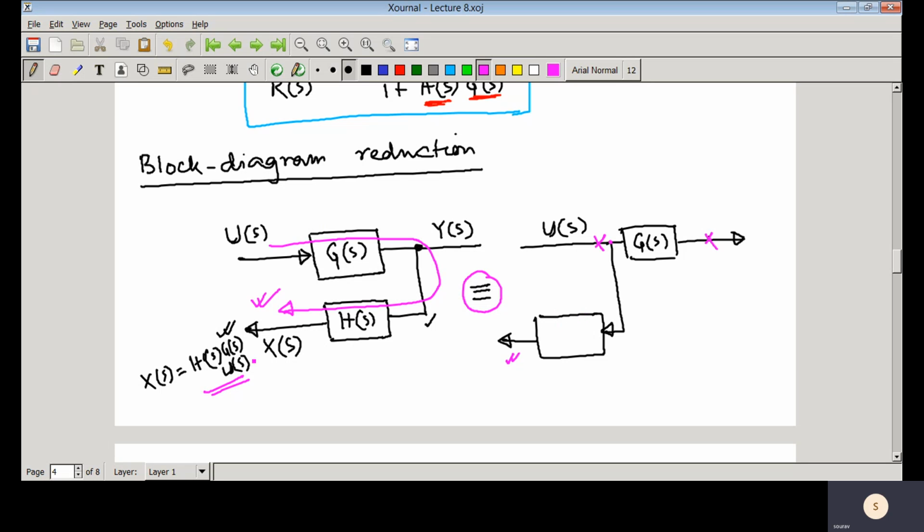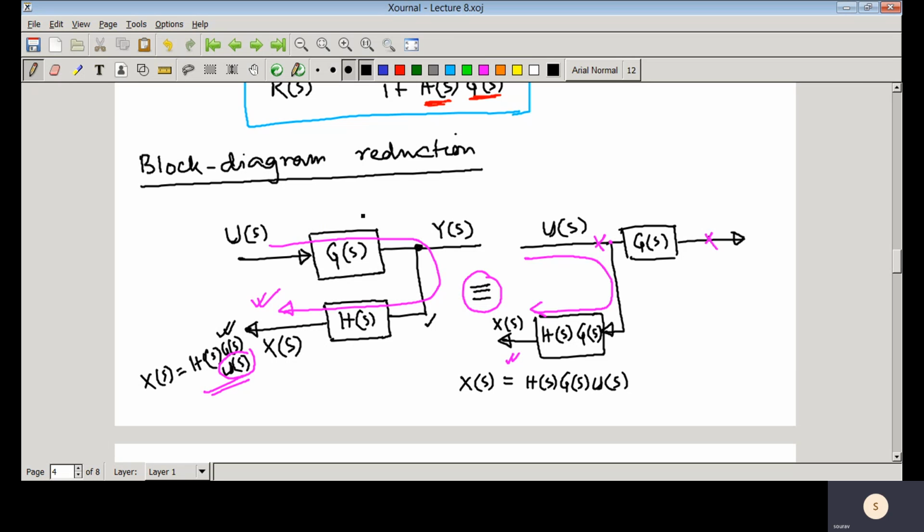But how can you have it? You have U(s) here, so then obviously this block transfer function would be H(s) into G(s). Then you can see that X(s) would be equal to H(s) G(s) into U(s).